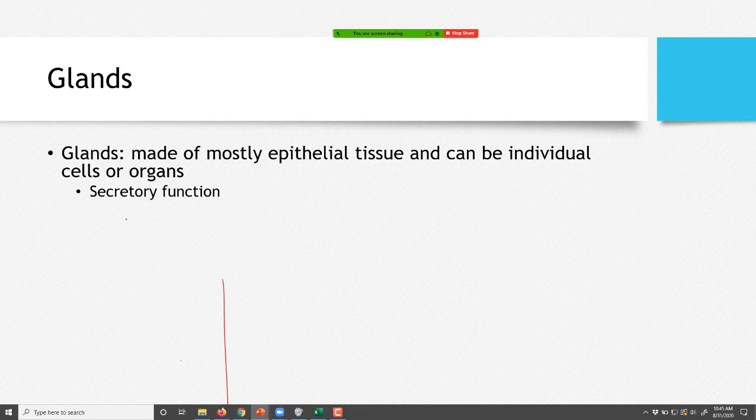Remember, secretion means that it's going to end up releasing something out to the environment. In this case, it's going to be whether it's sweat or mucin, which becomes mucus, and so on and so forth. Hormones as well. The endocrine glands are going to be releasing hormones, like we just said, enzymes, mucin, and so on.